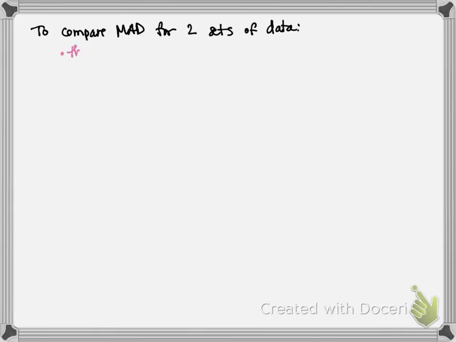First, the smaller MAD means that set of data, whichever has that MAD, is closer to the mean. That makes sense.